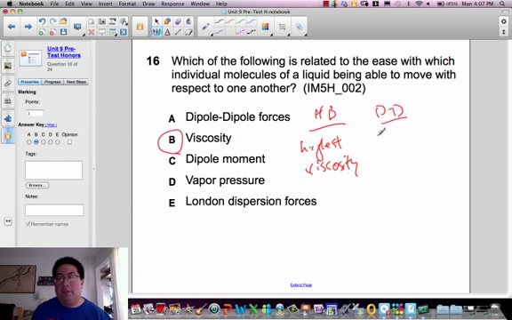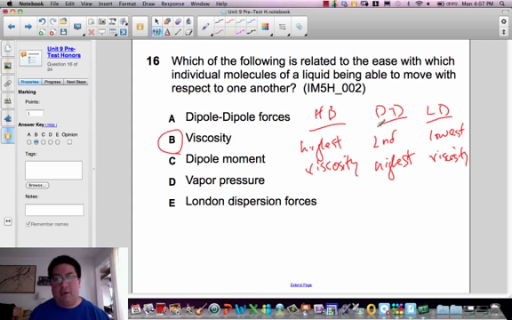Dipole would be second highest, and then London dispersion would have the lowest viscosity. And this will generally be true assuming that the molecules we're looking at are relatively the same in size. It can change quite a bit if there are big differences in the sizes of the molecules. But this is a general trend that would be true assuming the sizes of the molecules are about the same.